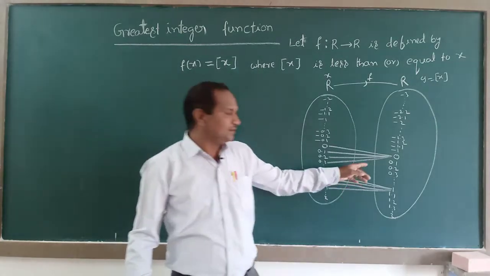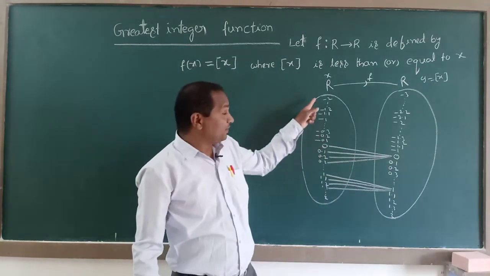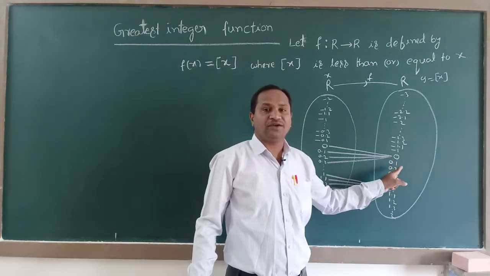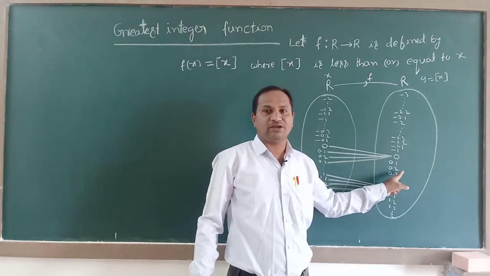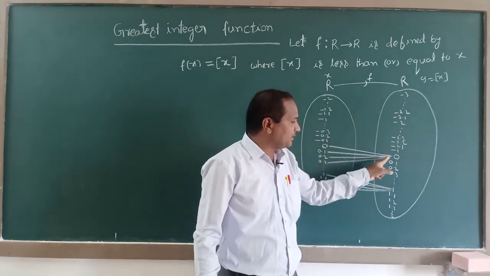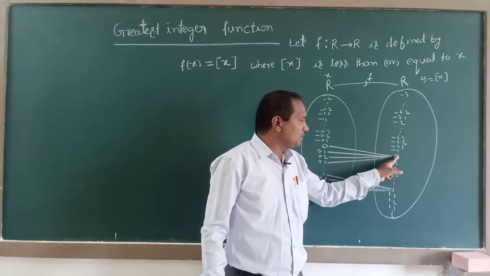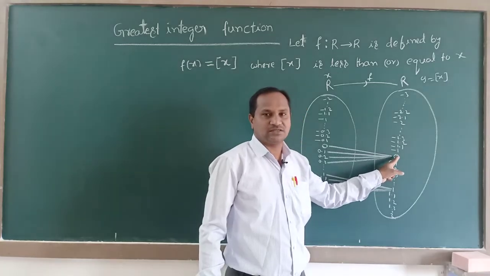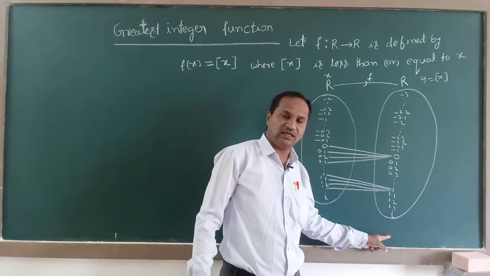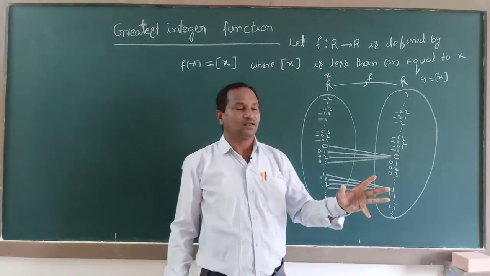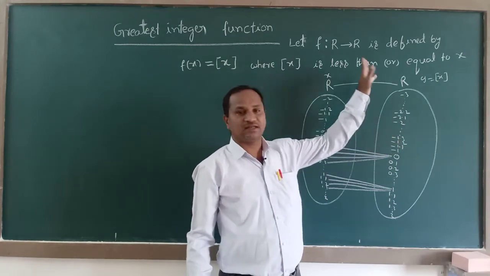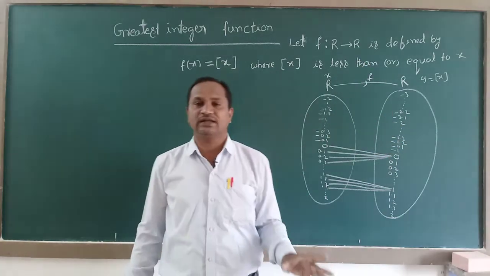See the mapping: some different elements of the domain R are associated with a perfect number only in the codomain R. If we observe the mapping, it goes only to integers, that is 0, 1, next 2, next 3, 4 like that will come. On the other side you can also observe -1, -2, -3 like that will come.